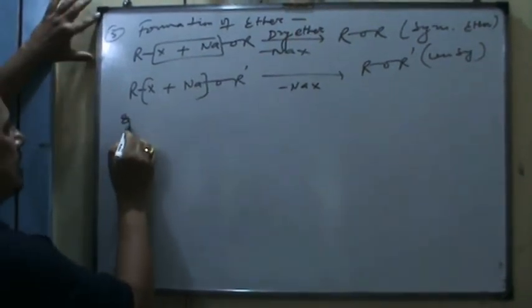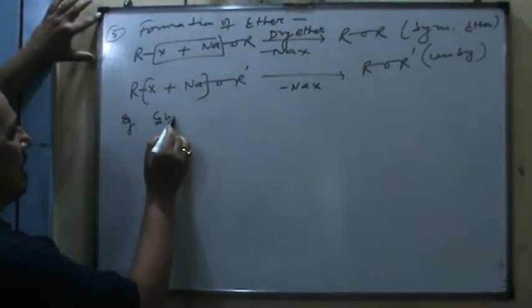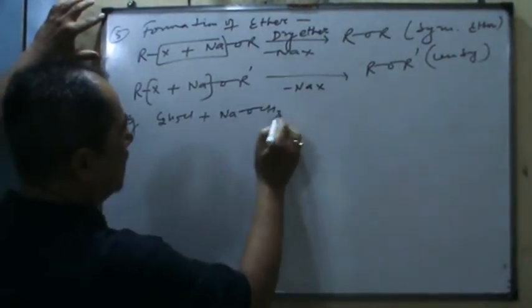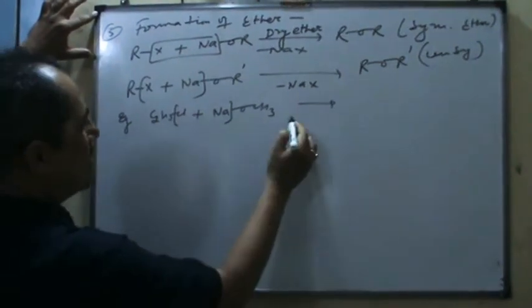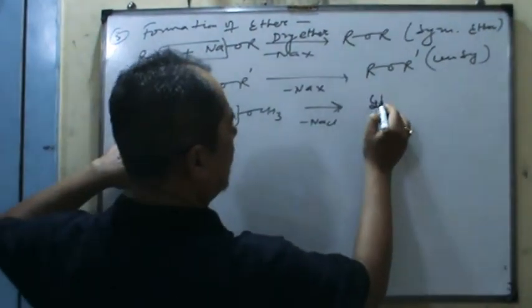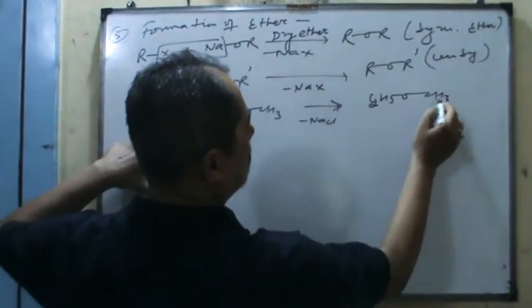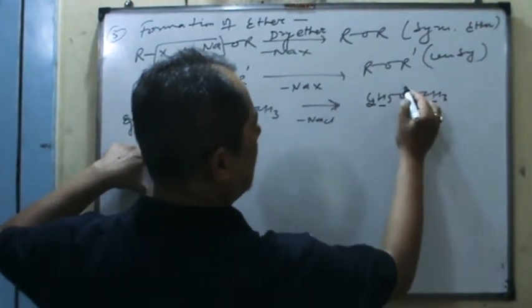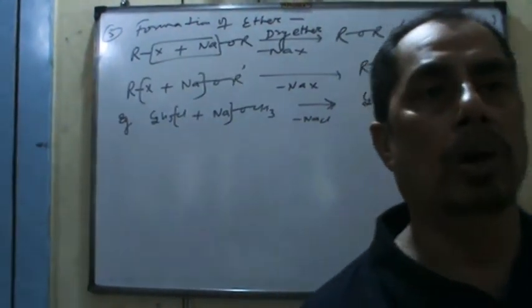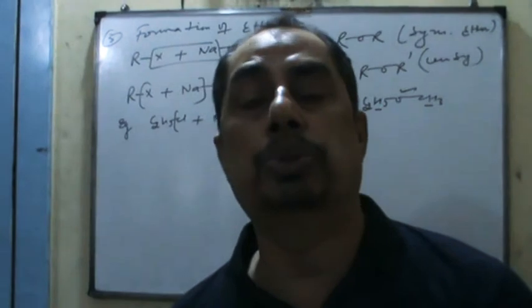For example, ethyl chloride plus sodium methoxide, NaCl is lost here. So this is C2H5OCH3, ethyl methyl ether. Or in IUPAC system of nomenclature, oxygen used to select the shortest route.